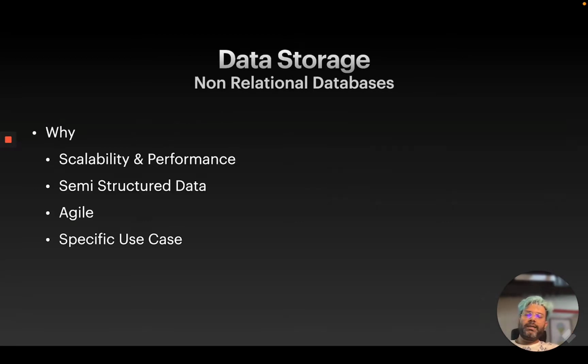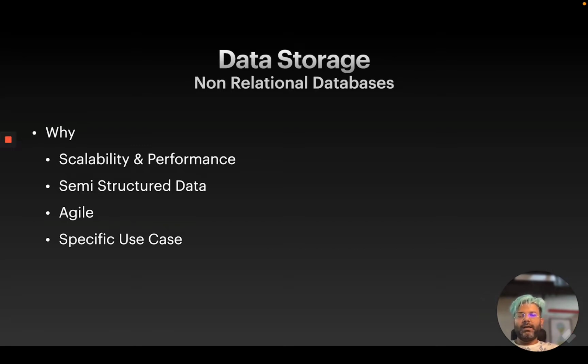Now the question arises: when can one use a relational database, whereas when can someone use non-relational databases? And honestly, in any production application or in a large scale application, you will find both of these kinds of databases coexisting for specific use cases.